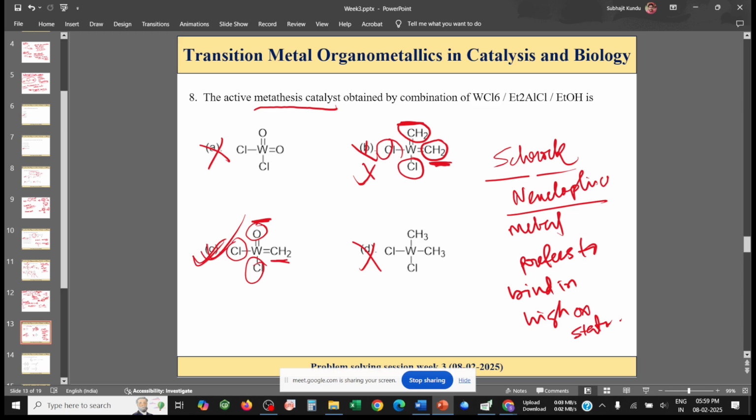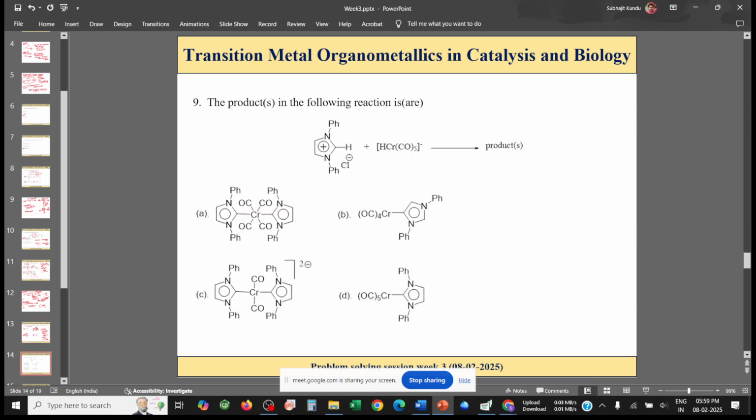With that, I move to the next question, which is question number 9. This question was similar, when these types of imidazolium salt we are treating with NaH as a base. We also discussed this question earlier.